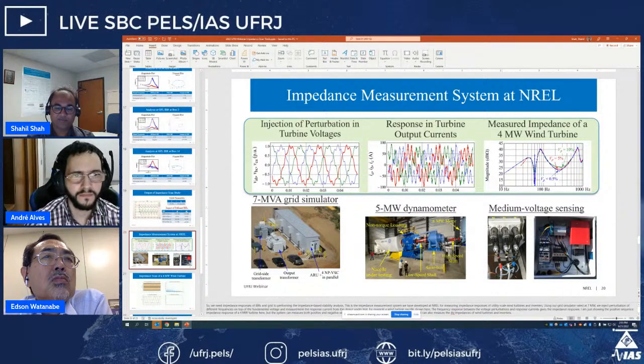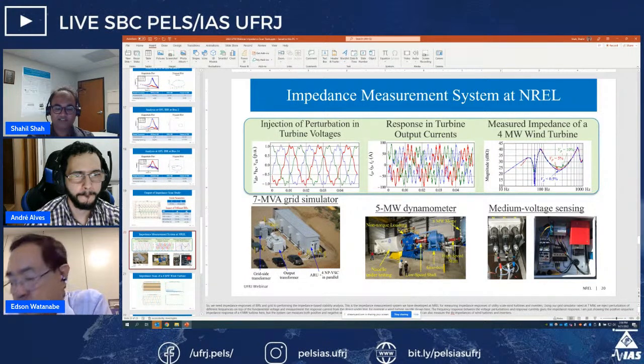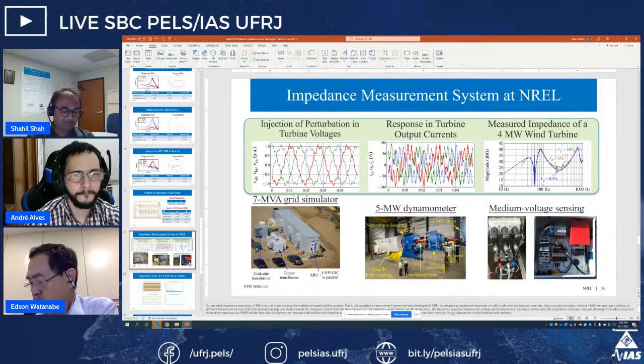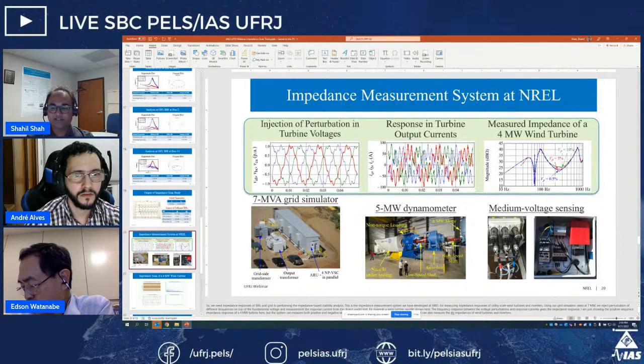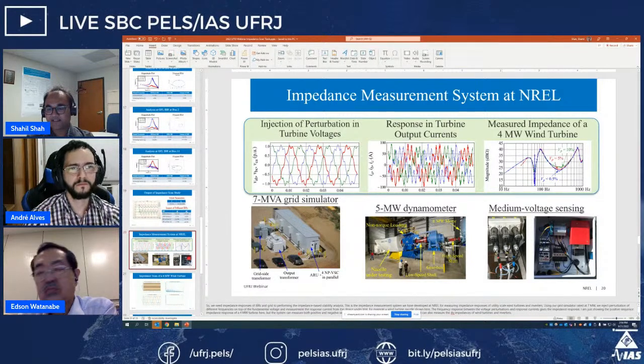So within that bandwidth, you can tune your controls to shape impedance. But if you have a resonance occurring at frequencies outside of the control bandwidth, you can't really change impedance by control tuning. In that case, you'll have to have some additional dampers or filters in the system to damp it.